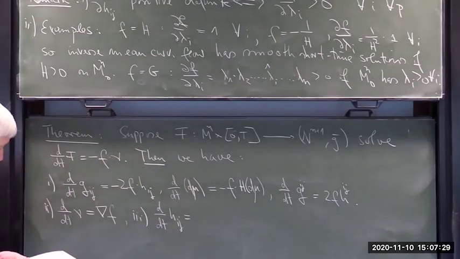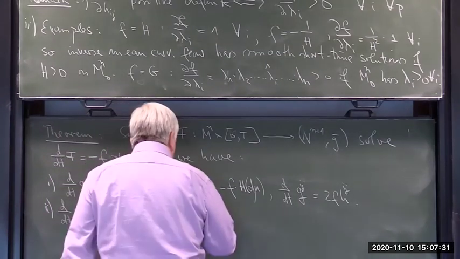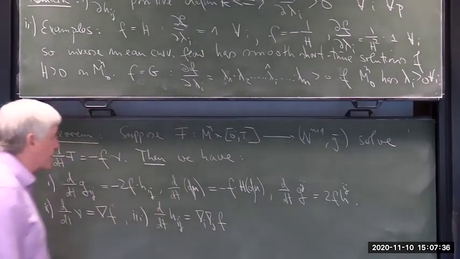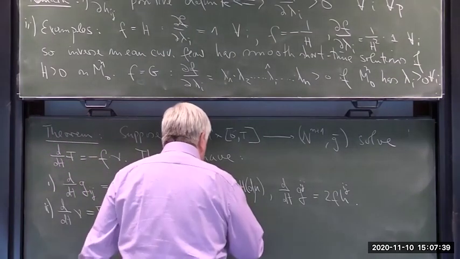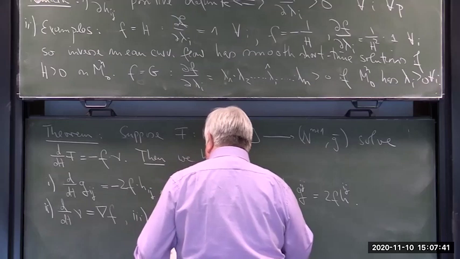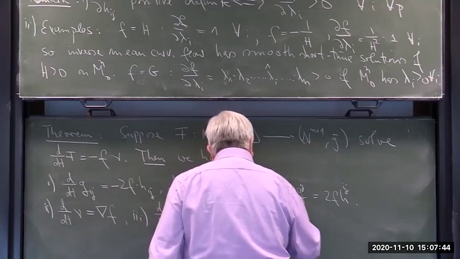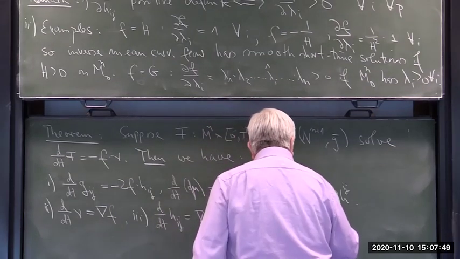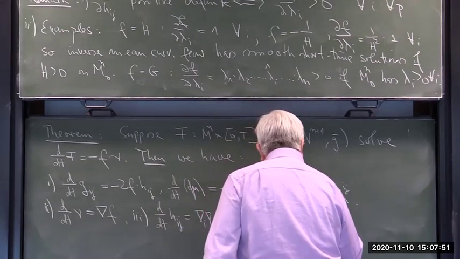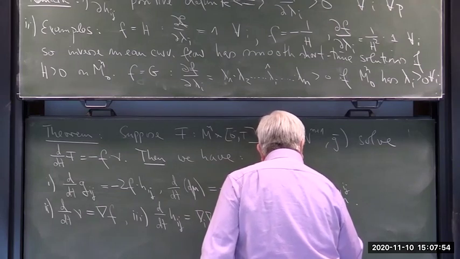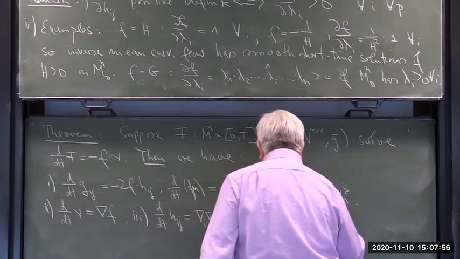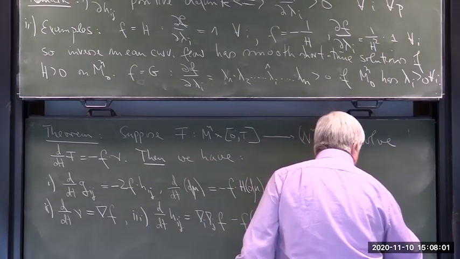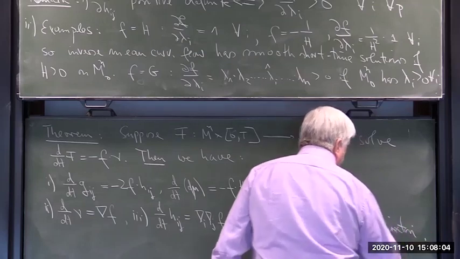So the second fundamental form changes according to the Hessian of f, the covariant Hessian of f, with some extra terms, minus f times h_{il} h^l_j, minus the Riemann tensor in the ambient manifold in normal direction, R-bar 0i 0j. So 0 is the nu direction in the ambient manifold.